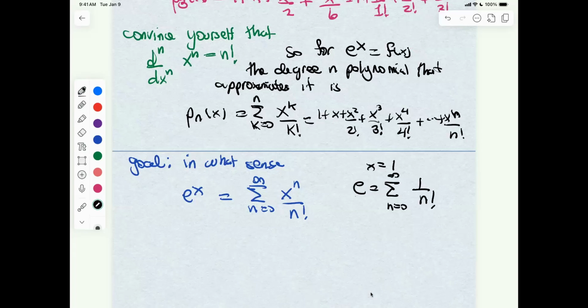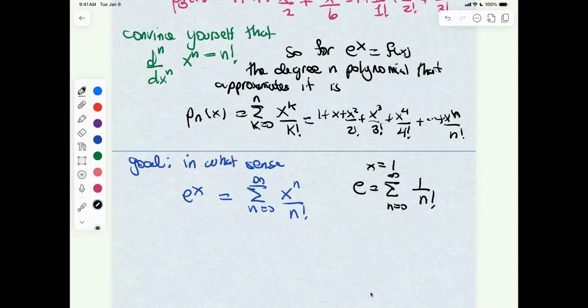Oh, that just meant the nth derivative of x to the n. So for example, the x squared double prime is 2, then x cubed, the third derivative, would be 6, which is 3 factorial.